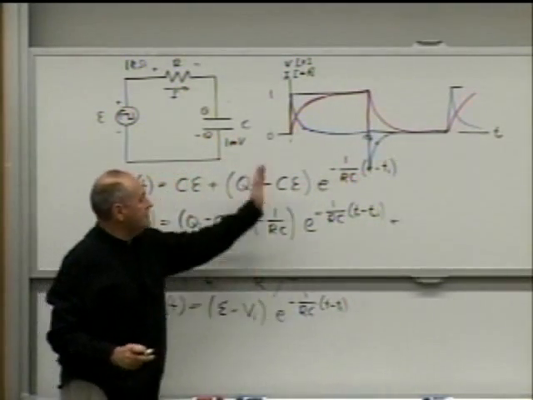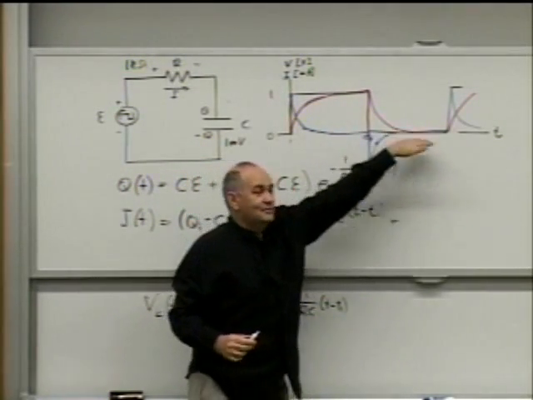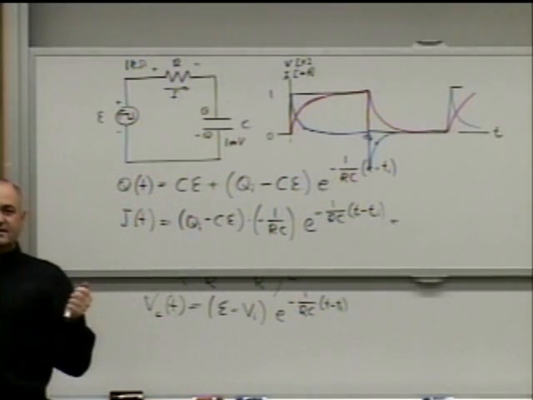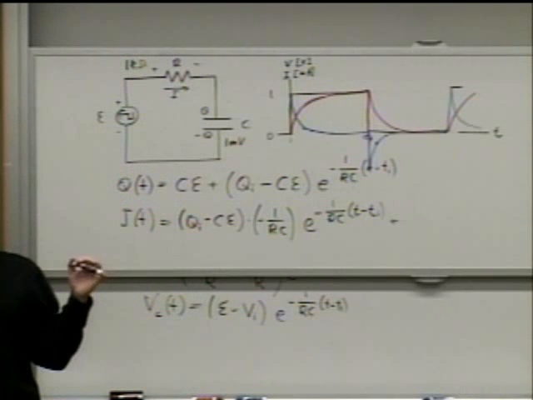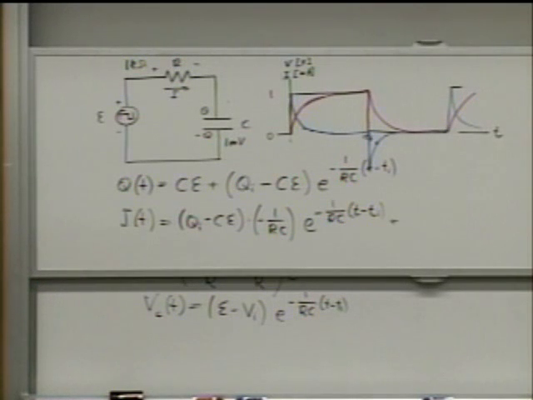Red is voltage across the capacitor, blue is voltage across the resistor. Is it clear now? Who understands it? Yes, Lee. So the blue line represents the current?